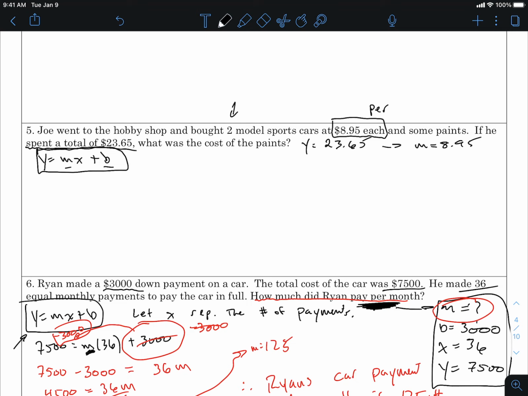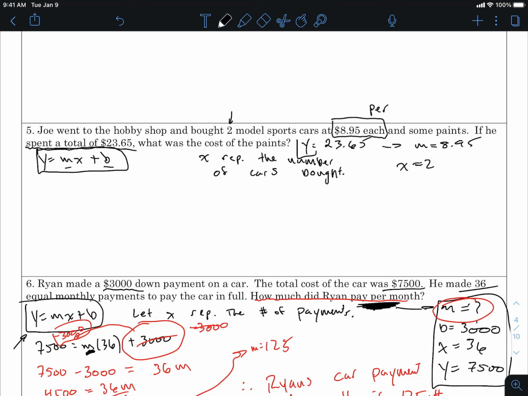So I think that X is going to represent the number of cars bought. In this case, or this particular question, it could be 3, it could be 4, Joe bought 2. So I know that X is going to be equal to 2.